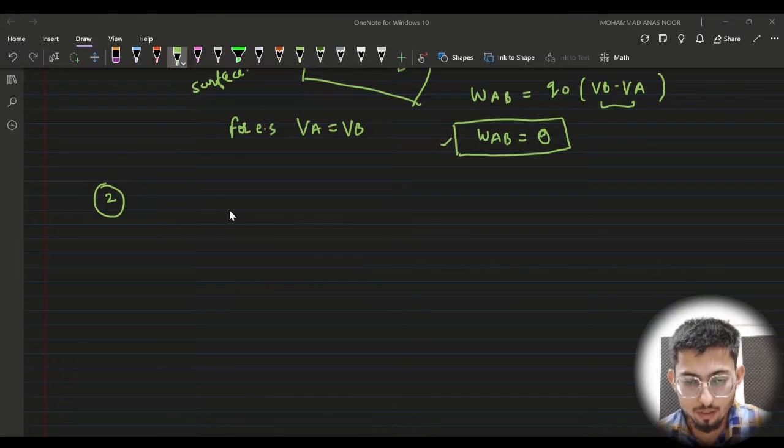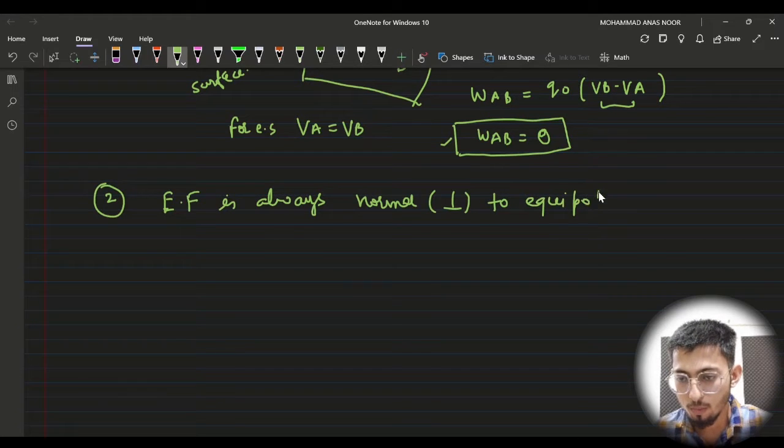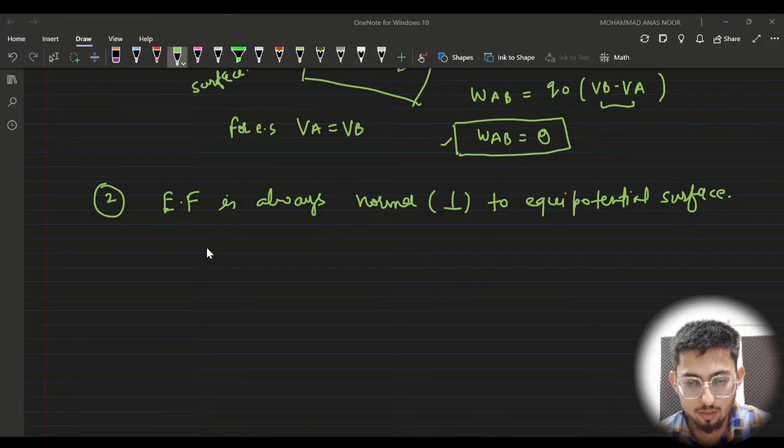Second property is the electric field is always normal to the equipotential surface. The electric field E is always normal, normal means perpendicular, to equipotential surface. So why is this so?